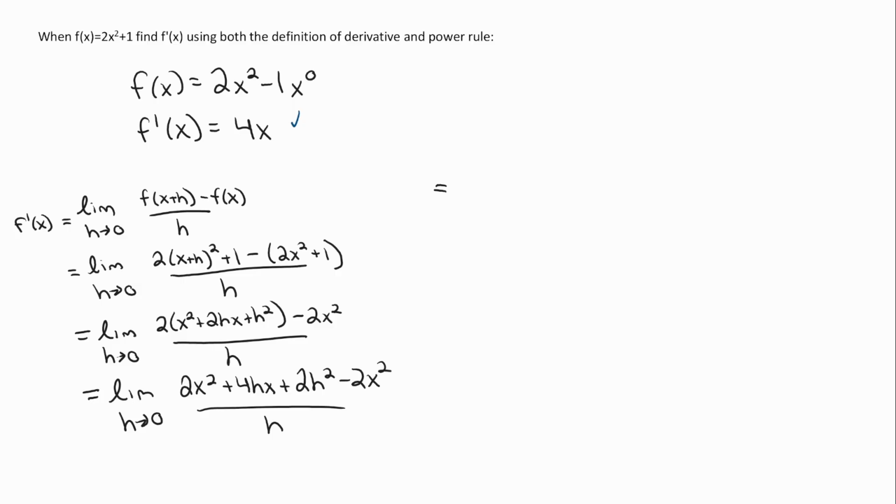And all we're going to have is the limit of h approaching 0 of 4hx plus 2h squared divided by h. Our h's will cancel out on the top and the bottom, which just essentially makes this 4x plus 2h.